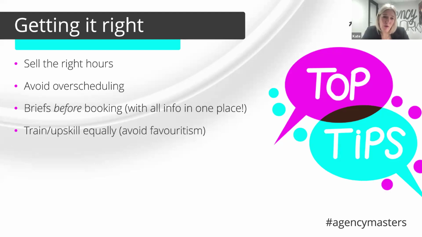And avoid favoritism, which goes back to avoiding overscheduling. If you've got a certain creative that always works on one client, don't give them all that work where you've got another creative sat around doing nothing or not as much to do. Make sure you're getting that work out equally. Yeah, you see that a lot, don't you?